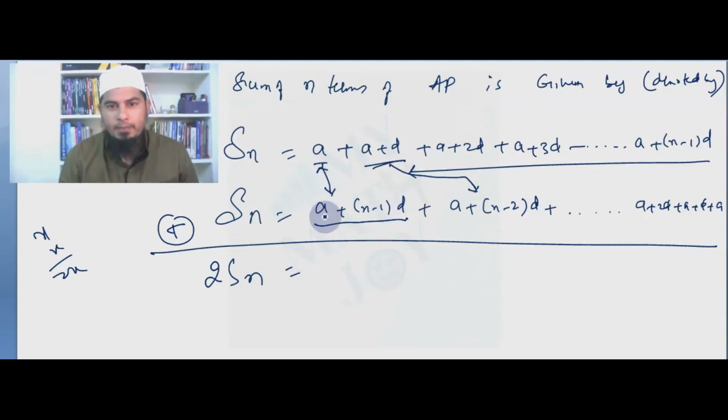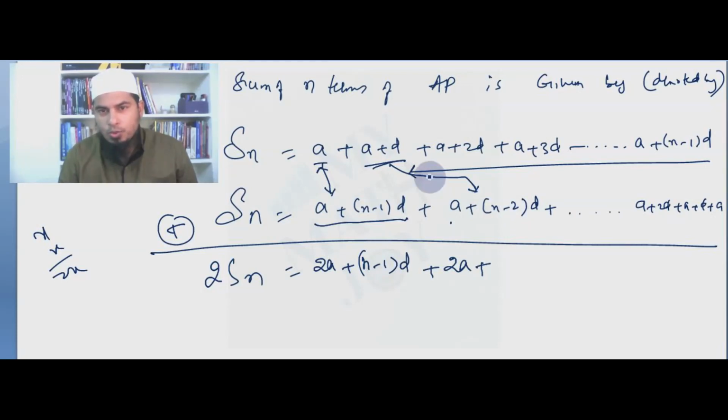If we add, we get 2a plus n minus 1d. The second is a plus d, and a plus a gives you 2a, and we get n minus 2 and 1d is here, so n minus 2. If you do the simplification, you'll get again n minus 1d.